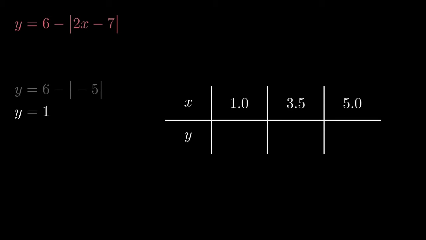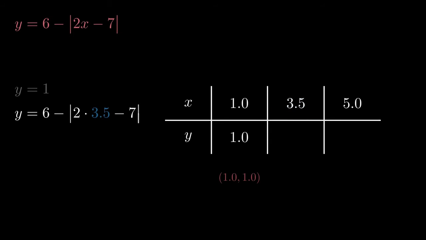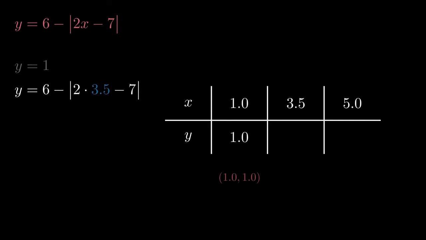Throw that in the table. 3.5, we chose that for a special reason because we know it makes 0 inside the absolute value. And so we've got 6 minus 0 is 6. That goes into the table. And we've got our second set of coordinates.